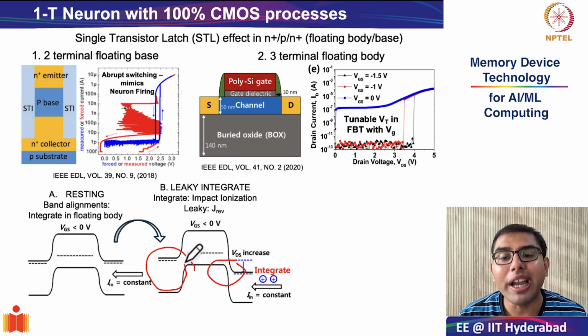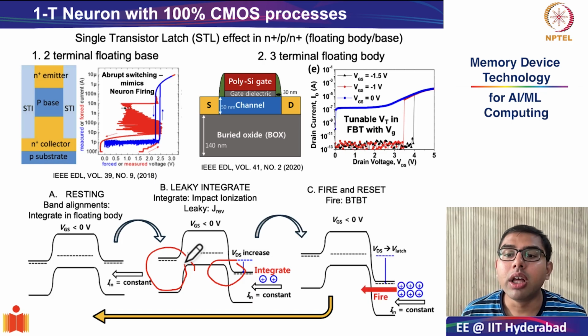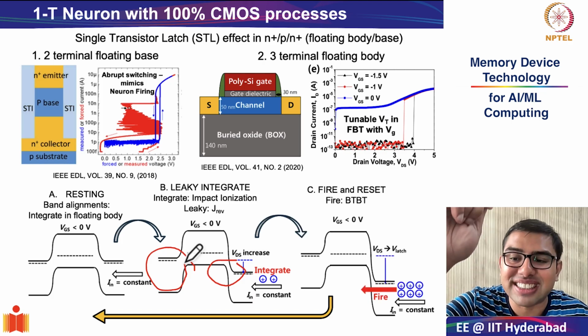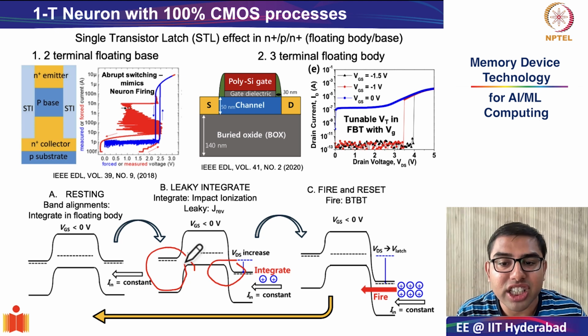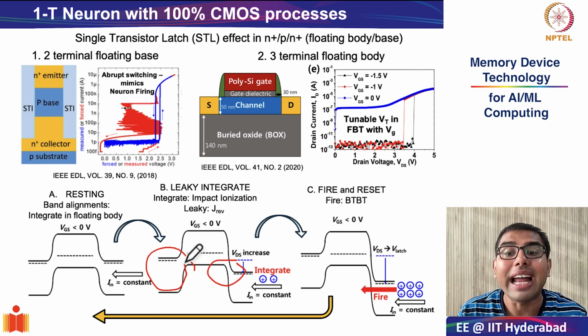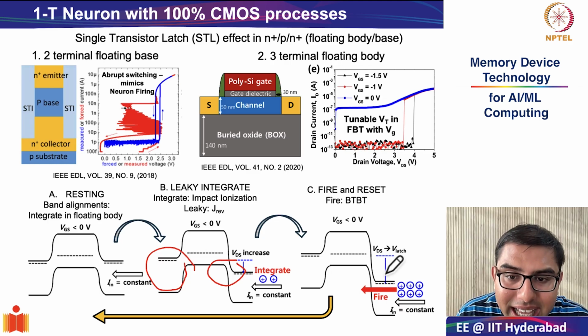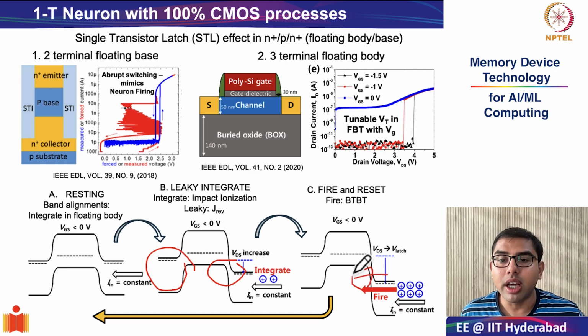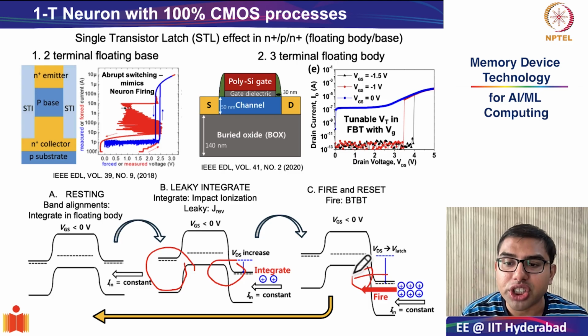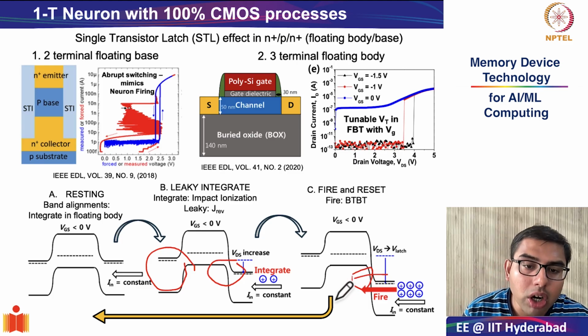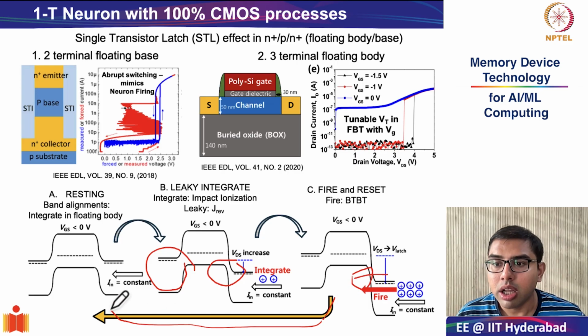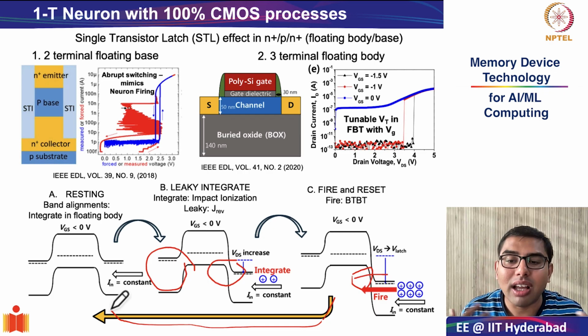And once this feedback becomes self-sustaining, the device suddenly latches into a high current state or the low resistance state, and this is what is known as the firing event. And this is also exactly like the neuronal spiking. After the firing, the excess charge gradually leaks away, as you can see over here, through the PN junction, bringing the device back to its original state and ready for the next cycle of integration.